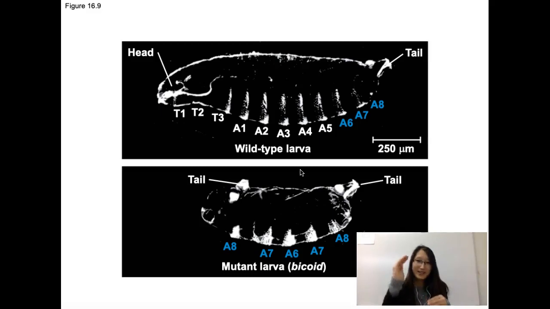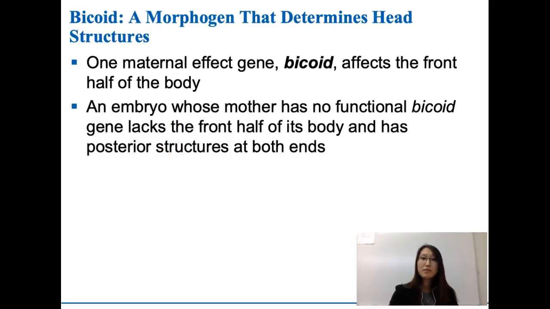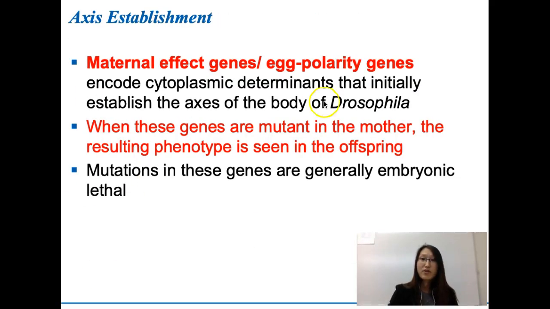Anyway, this is really wrong. This fruit fly does not have a head. It has two tails. This is not going to work out. This fruit fly is not going to survive. But luckily for science, this tells us how important it is to have the correct maternal effect genes, or egg polarity genes.